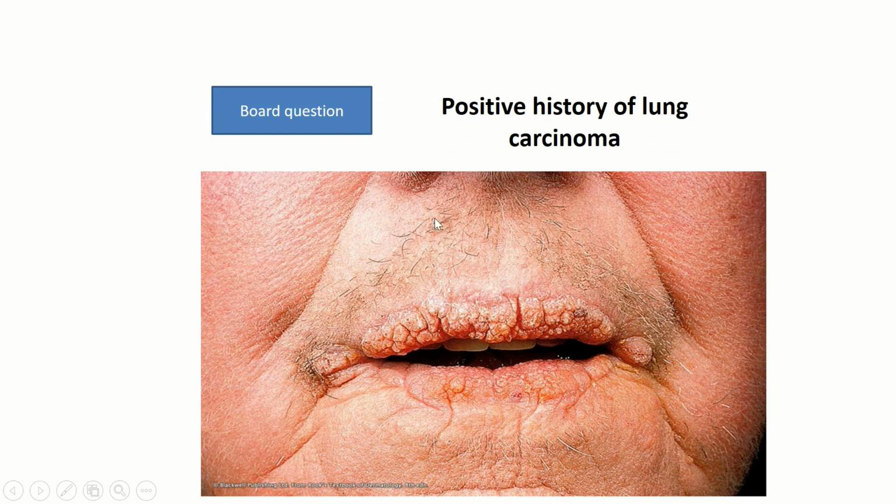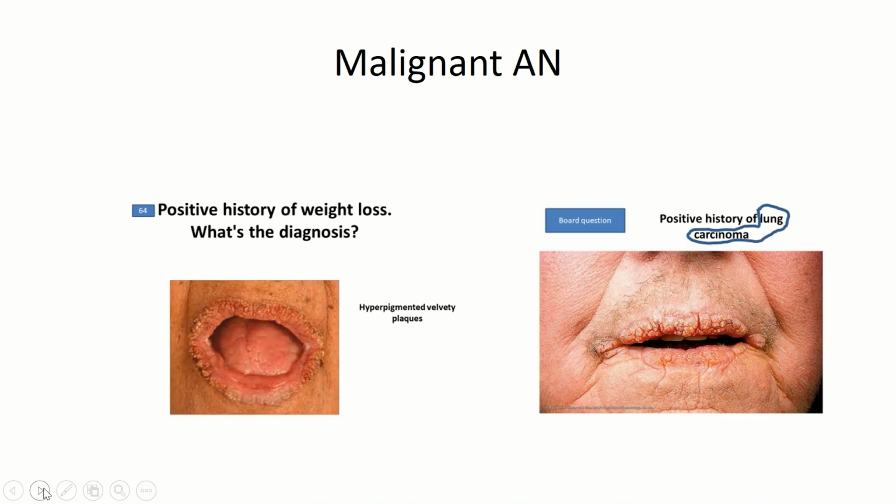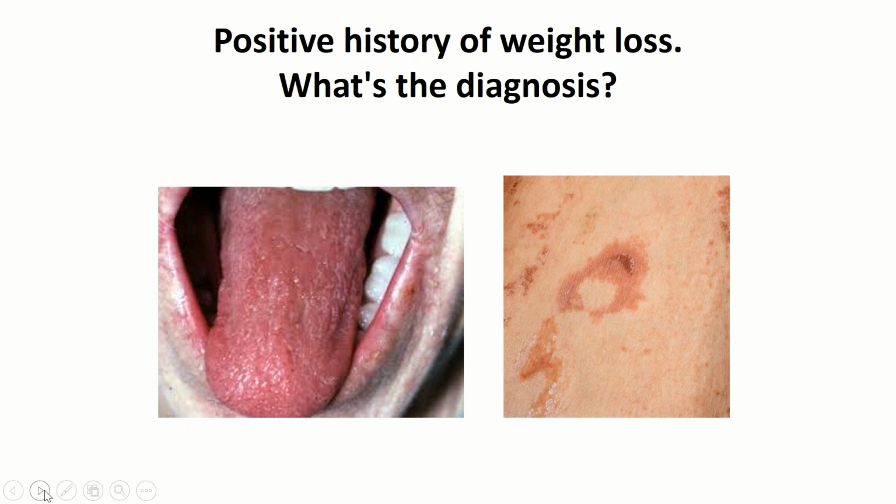And here is a board question with the diagnosis of malignant acanthosis nigricans, that in history we have lung carcinoma. And these are two images indicative of malignant acanthosis nigricans. And here we have a positive history of weight loss.